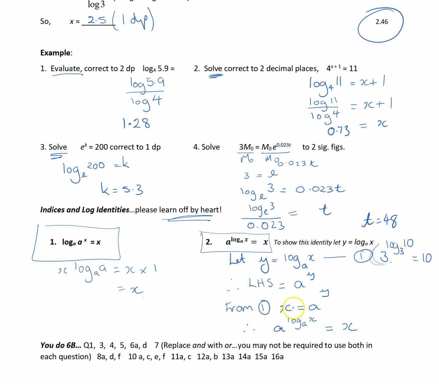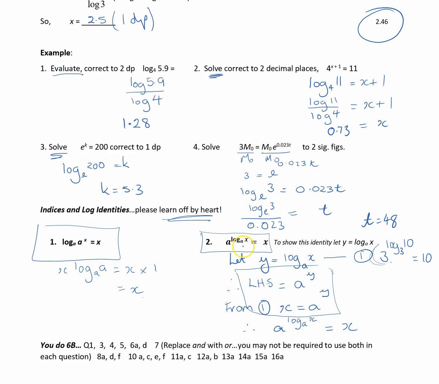So x is a to the y. Now I've got two things equaling a to the y: x and the left-hand side.